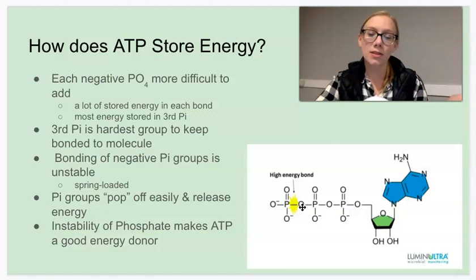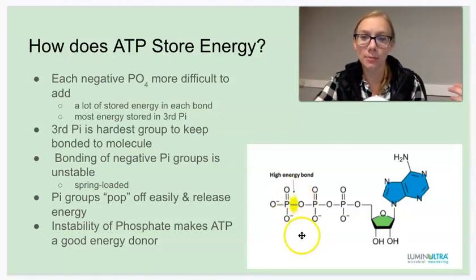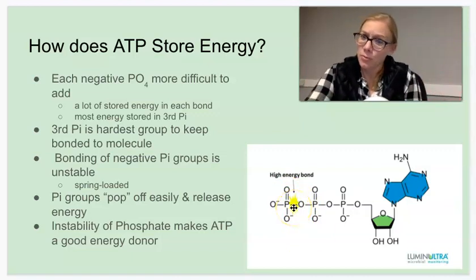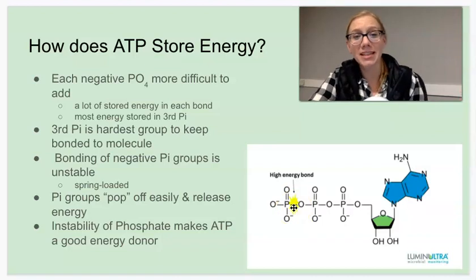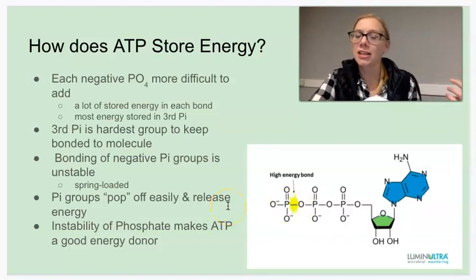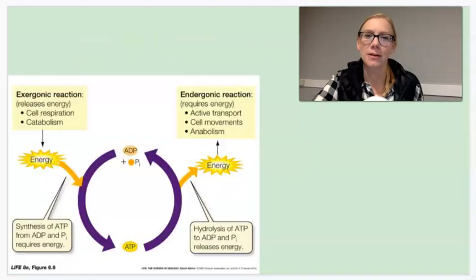And so that's why we can think about ATP as giving us our energy. This bond right here is a high energy bond, and it is pretty unstable, which makes ATP a really good energy donor for the cell because it kind of wants to get rid of that phosphate, if you will.